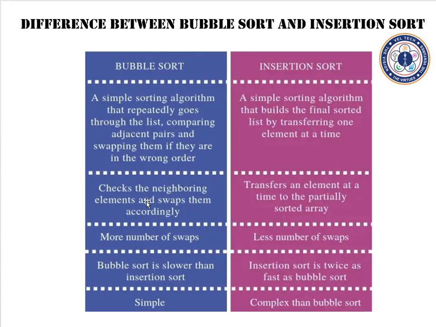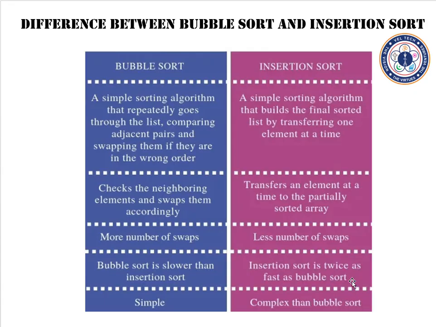Bubble sort checks the neighboring elements, that is the adjacent elements, and swaps them accordingly, whereas insertion sort involves the transfer of an element into the partially sorted array. Bubble sort has more swaps when compared to insertion sort, which has fewer swaps. Bubble sort is slower than insertion sort, whereas insertion sort is twice as fast as bubble sort.